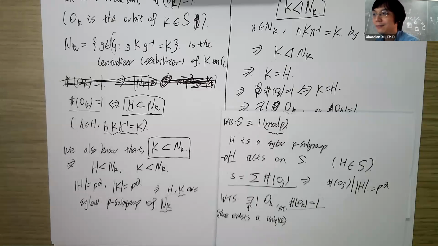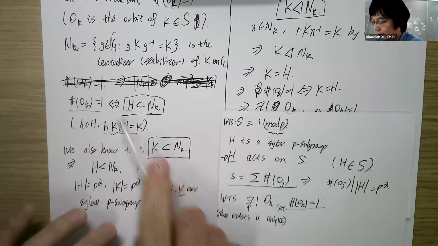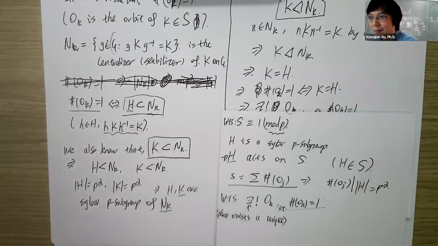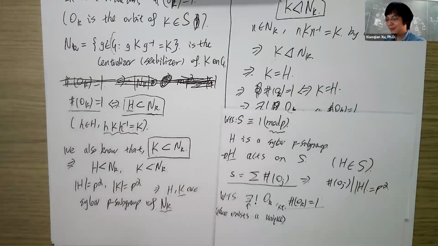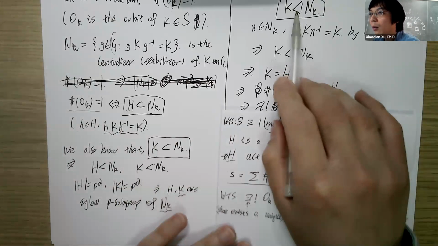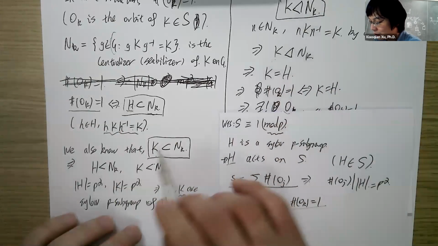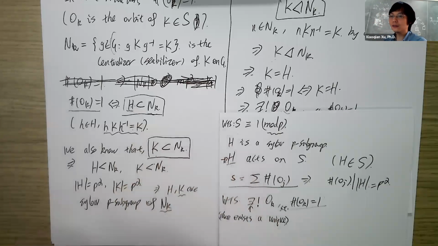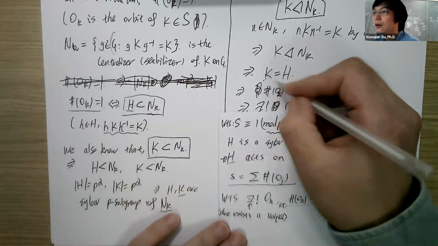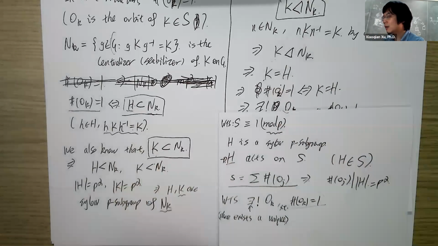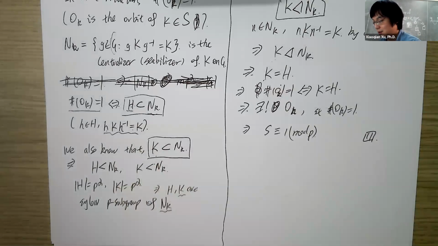K doesn't change K. Then what we want to show is, what if K does not equal H? How can we show that this cannot happen? Then we find that, for the stabilizer, K is actually a normal subgroup of it. Meanwhile, K and H are both Sylow subgroups of NK. So which means K must equal H, because a Sylow subgroup, if it is normal, then it's unique.